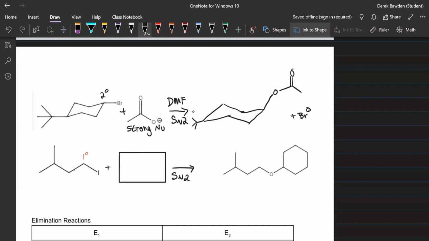SN2 wants a strong nucleophile. So our nucleophile is what gets attached to our molecule. What looks like it gets attached? Well, we have a whole new ring in here somehow, and we have an oxygen. So it's going to be everything attached to the oxygen onward. So we have oxygen attached to a ring.